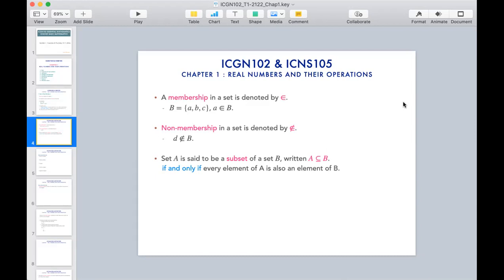The definition says that if and only if every element of A is also an element of B. Is small a an element in B? Yes. Is small letter b an element in set B? Yes. Same as small letter c. So this one matches the definition. So that's why set A is also a subset of set B in this one.